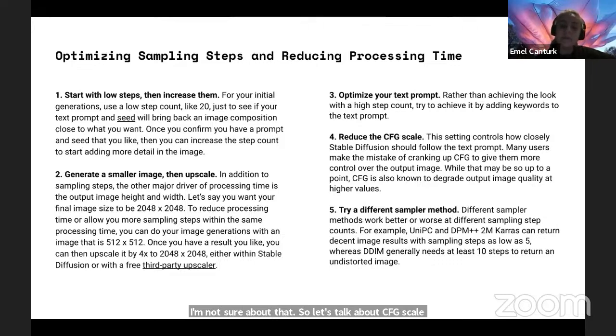And maybe the last tip about optimizing steps is trying different sampler methods, because all of them work better or worse at different sampling step counts. For example, DPM can return decent image results at low steps. For example, DDIM really needs at least 10 steps. So you just need to try.